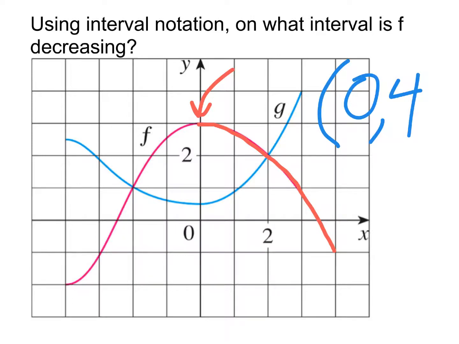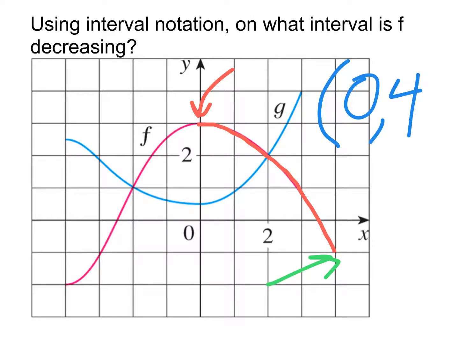All right, now on to the other one here. What about at the other end? What about at 4? What is it doing at 4? Well, is it decreasing? Let's find out here. The important question, again, I'm going to ask the same things I asked. To the left of 4, what's it doing? It is decreasing. Okay, that's good. To the right of 4, what's it doing? Nothing.